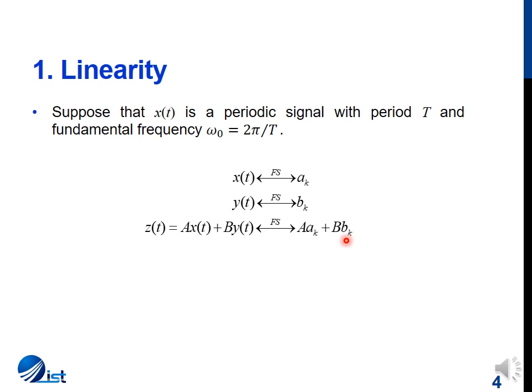So instead of taking the Fourier series of the composite signal, if you know the individual Fourier series coefficients, you can just add the coefficients and get the Fourier series for the sum signal.